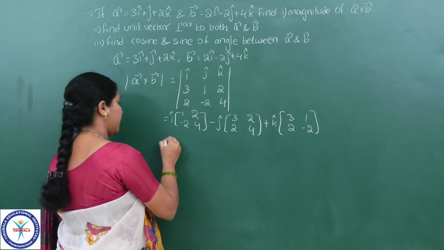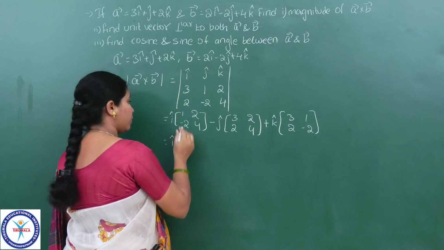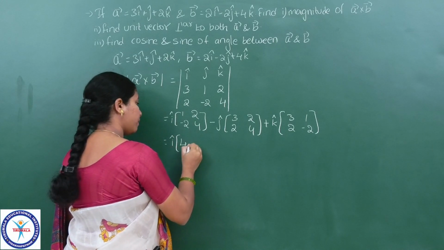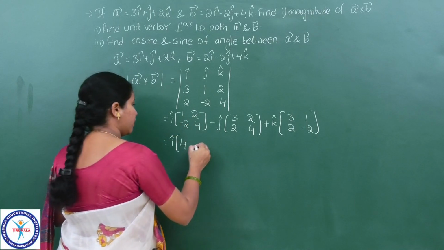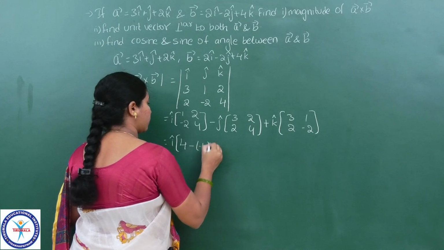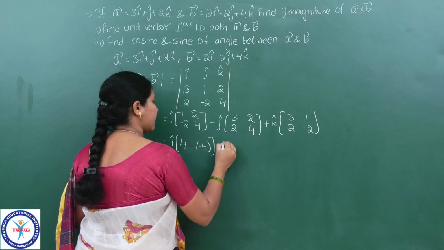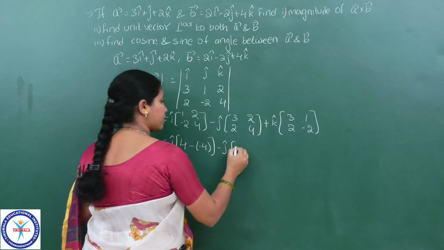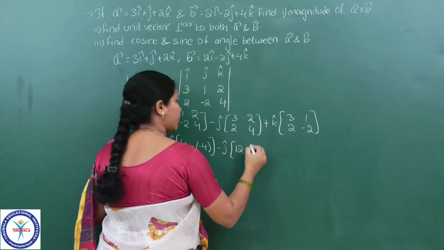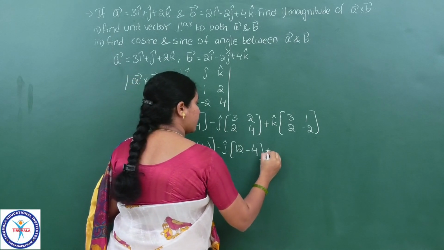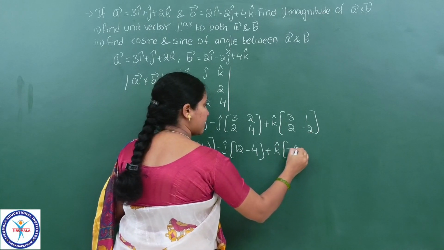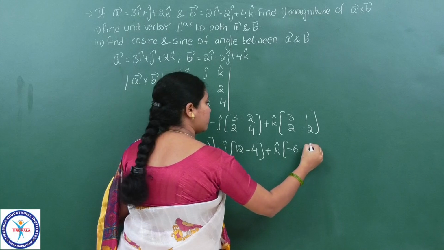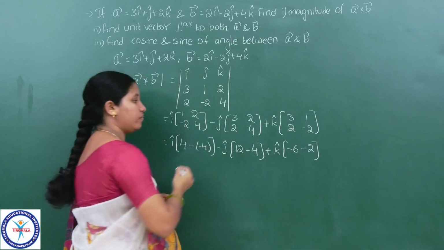Now, find determinant, that is i cap into 1 into 4, 4, minus of minus 2 into 2, it gives us minus 4... minus j cap 4 threes are 12 minus 2 into 2 is 4, plus k cap 3 into minus 2 gives minus 6 minus 2 into 1 is 2.